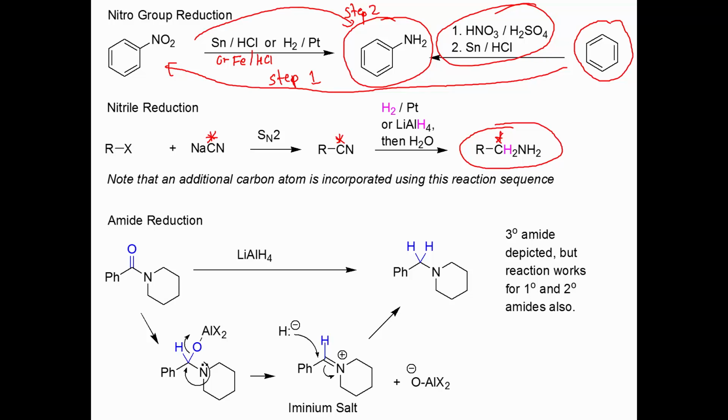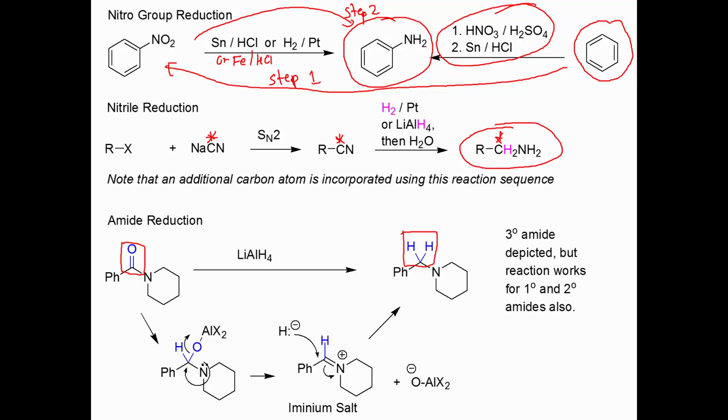Okay, when we reduce amides, what we do is we take the C double bond O and we convert it to a CH2 group, like you see there. This is a little bit different than the way other carboxylic acid derivatives react with lithium aluminum hydride.